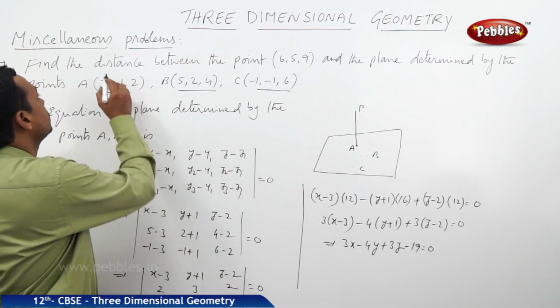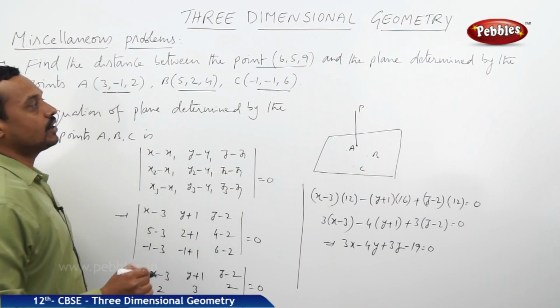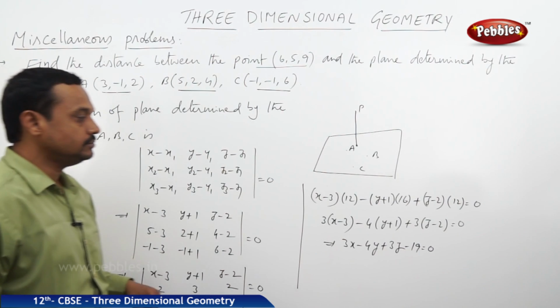But the question is, what is the distance of the point P, 6, 5, 9 from the plane?